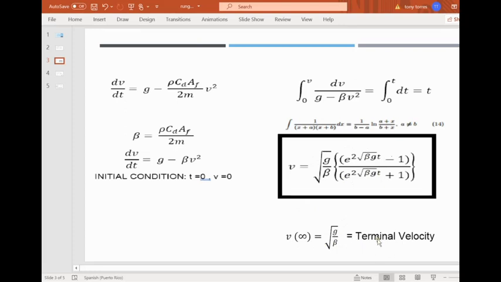So eventually, the ball will reach a particular velocity, which is termed terminal velocity, when time goes to infinity, which is not a lot of time. Within a few seconds, the ball will reach that particular velocity. Interesting, right? So the next slide is now the application of the method.